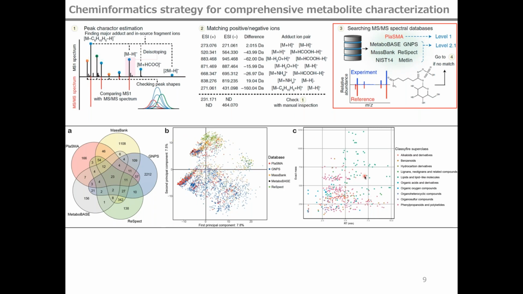The right panel shows the elution profile and m/z value of our standard compounds, and this showed that the PlaSMA database contains a wide variety of plant specialized metabolites, including alkaloids, phenylpropanoids, flavonoids, steroidal saponins, triterpene saponins, etc.